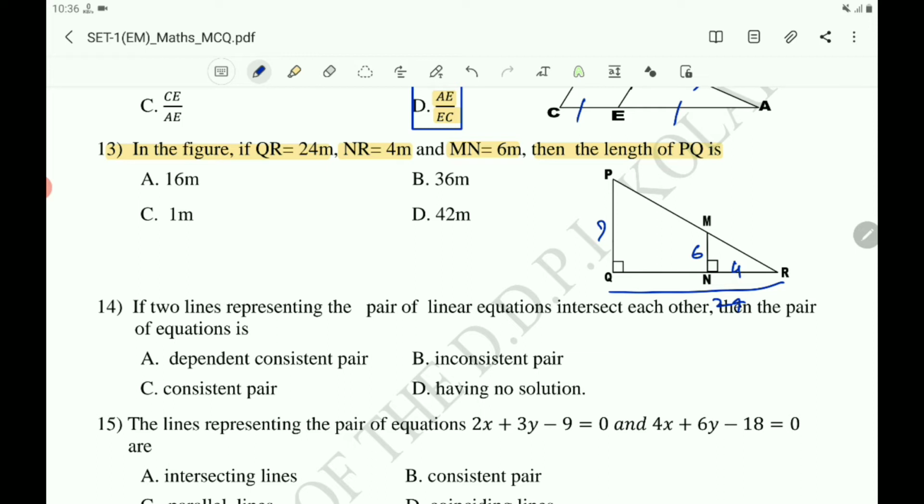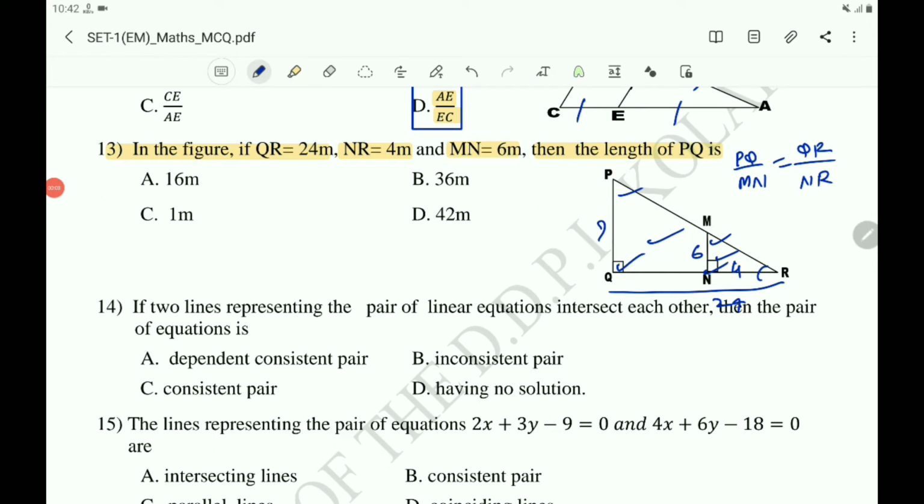Then you can use the ratio PQ by MN equals QR by NR, by using the similar triangles PQR and MNR, because the two triangles are similar. As these two are 90 degrees, these two are corresponding angles, and this is a common angle.